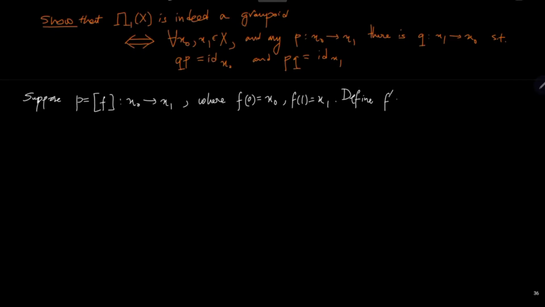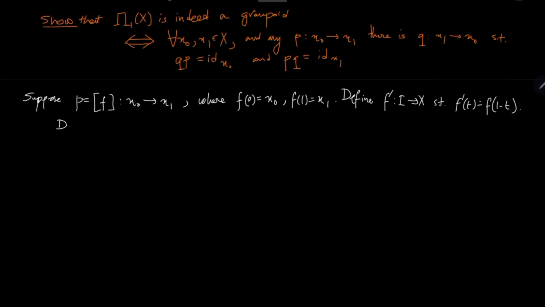Define f dash to be again a map from I to X, such that f dash of t is f of 1 minus t. So that is how we define it.